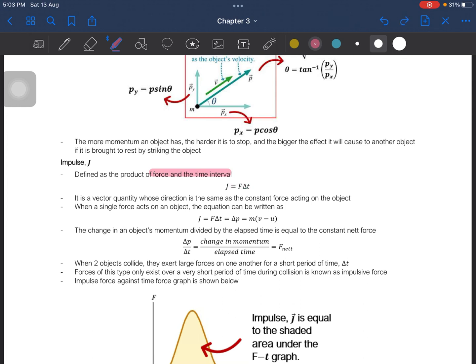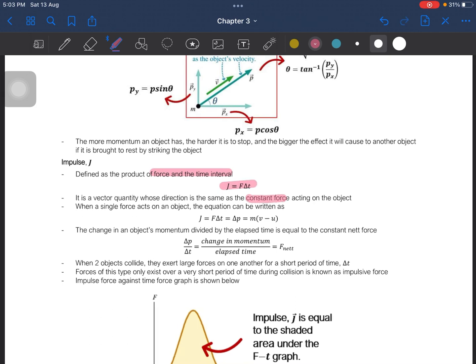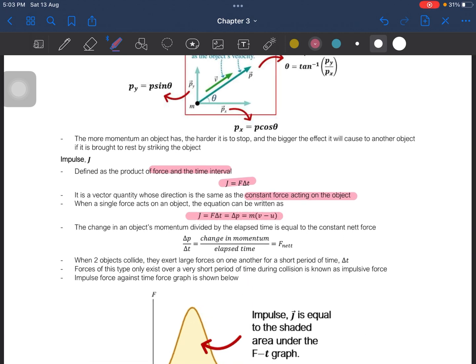It is a vector quantity, and its direction is the same as the constant force acting on the object. If a single force acts on an object, the equation can be written as shown here.